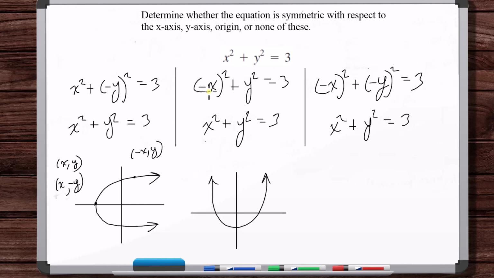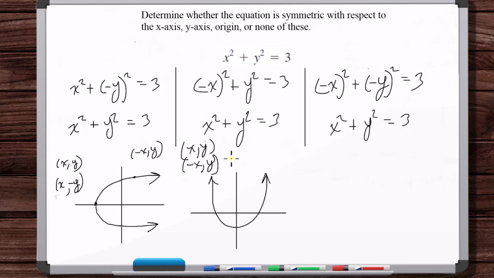So in the equation, if you replace x with minus x and simplify, you get the same equation back. If you take any point xy, multiply the x by minus 1, and don't change the y, you're always still going to be on the graph.